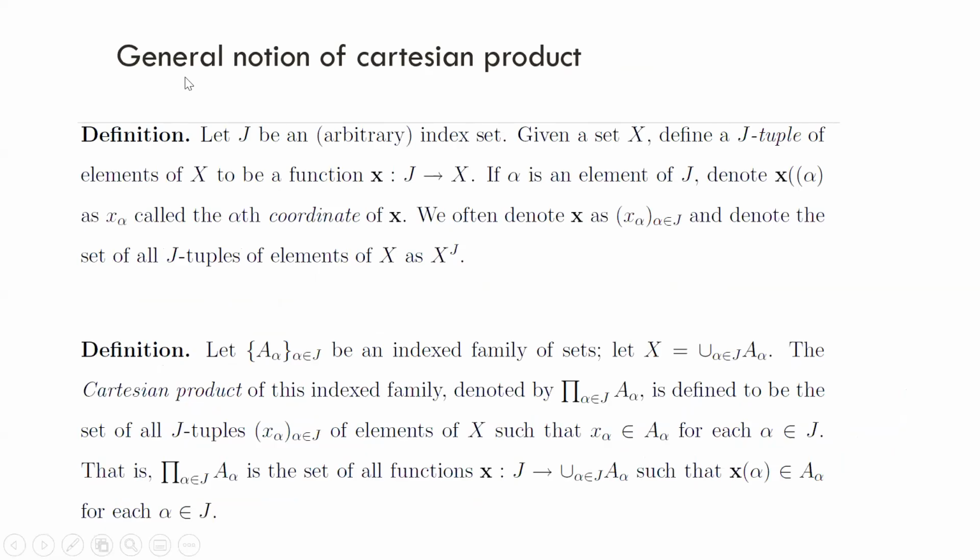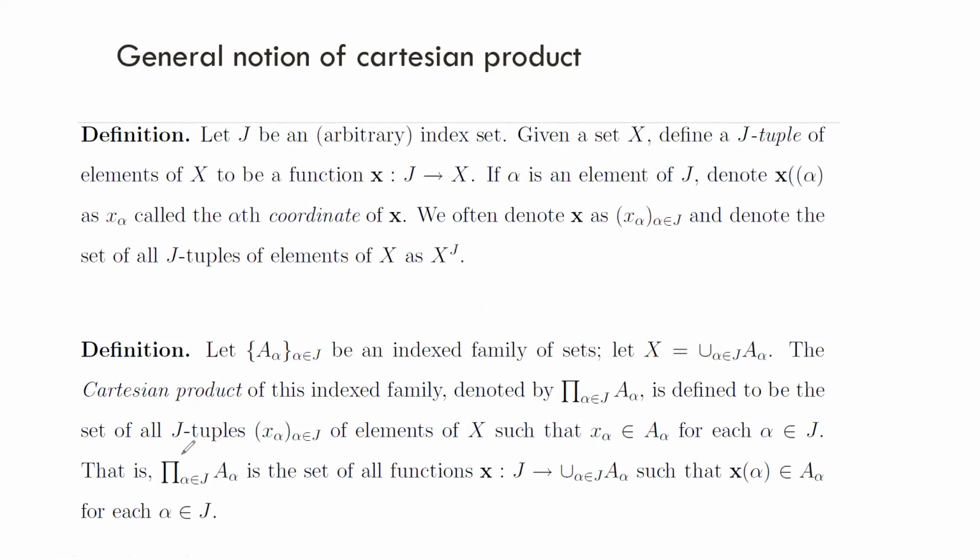First, let us learn some general notions of Cartesian products. The first one is the J-tuple. It's very similar to what we have already learned. We denote x alpha as the alpha coordinate of x. Can I write here?